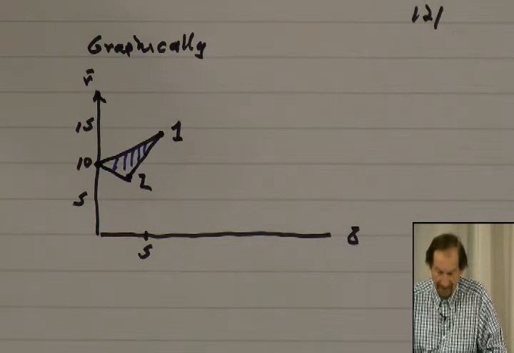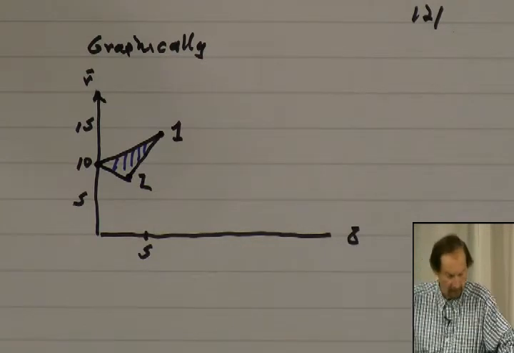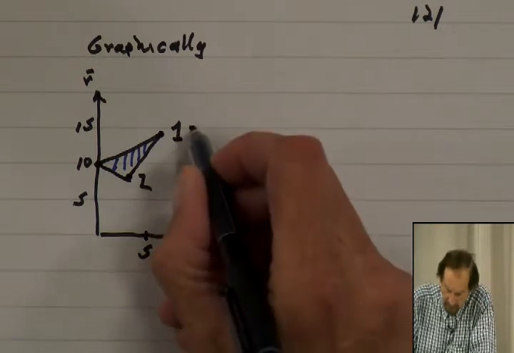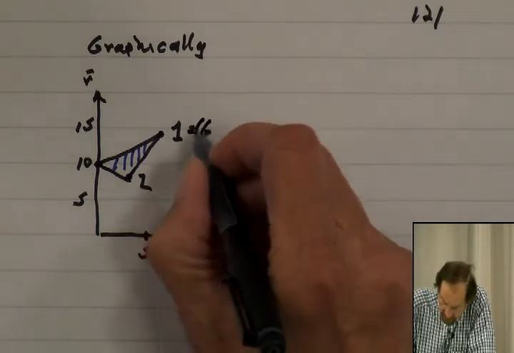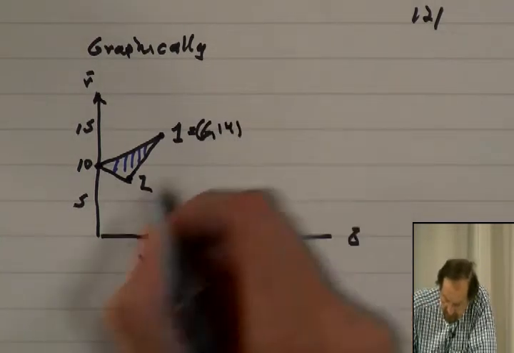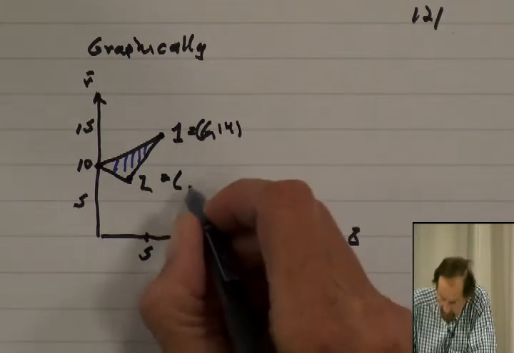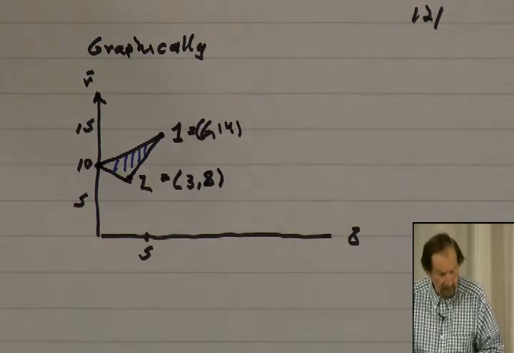All non-negative combinations of 1 and 2 must lie within that triangle here. 1 equals 6, 14. 2 equals 3, 8.